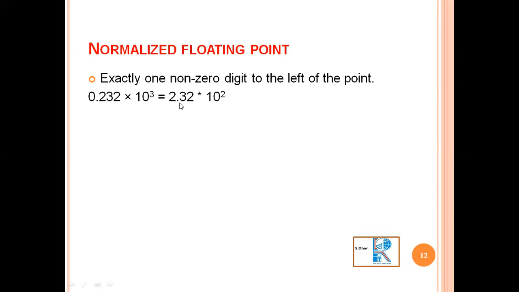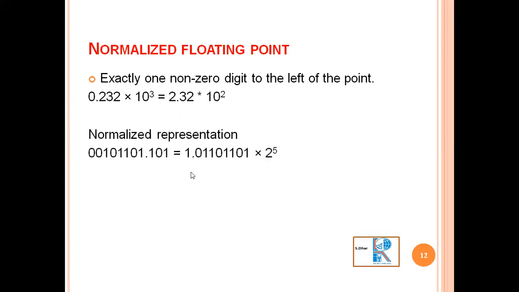Because to the left of the point, this is the decimal point, to the left of the point, exactly one non-zero digit. Non-zero here is the 2. That means 2.32 into 10 to the power 2. That is called the normalized floating point number. Okay, that means if I move the point here, the power will be decreased. Okay, so this is called normalized floating point. So here is another example of normalized representation.